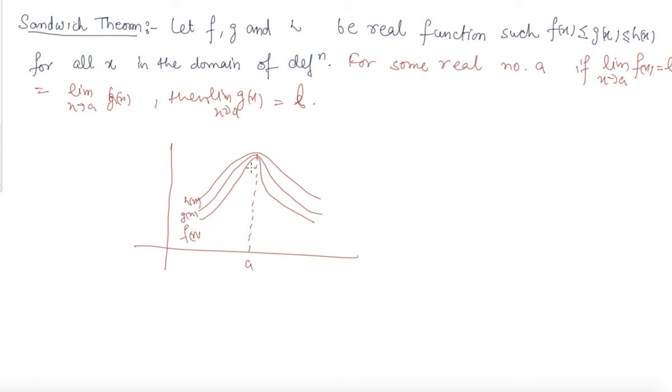Okay, students. Now let us discuss some types of questions on limits of trigonometric functions. I am writing question number 1 here: limit x tends to 0 of sin x by x. These are important results, students.